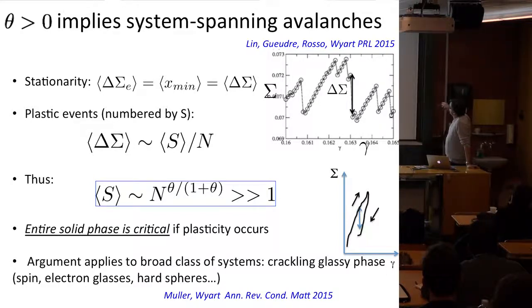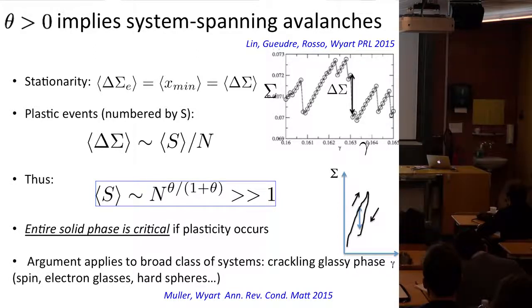Right, so I told you that how much you go up, this x mean, is much larger than 1 over n. How much do you go down? Those are the avalanches of many shear transformations. S is the number of discrete events in an avalanche. Each of those discrete events reduces the stress by 1 over n.